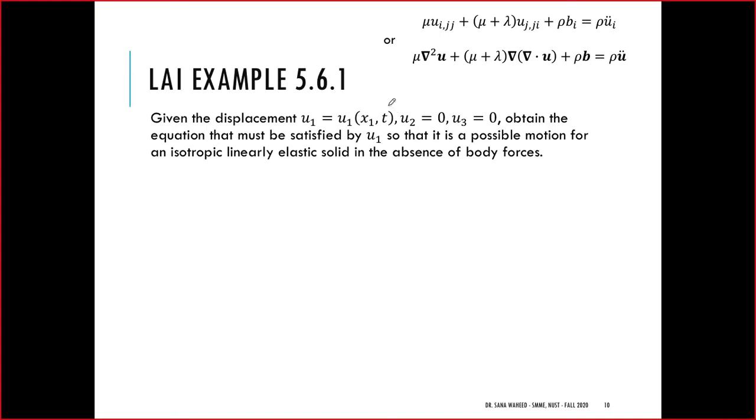So that's what this is representing: u1 is a function of x1 and time, that's it, and u2 and u3 are 0.